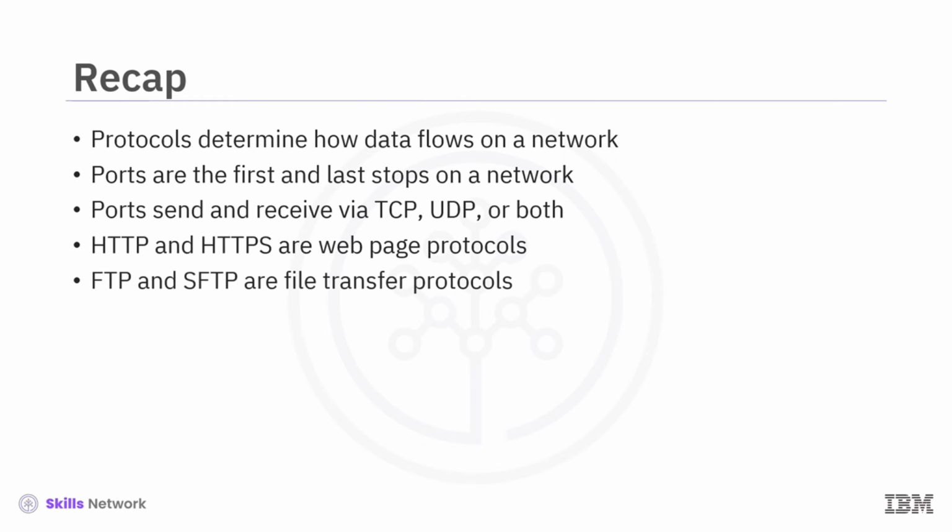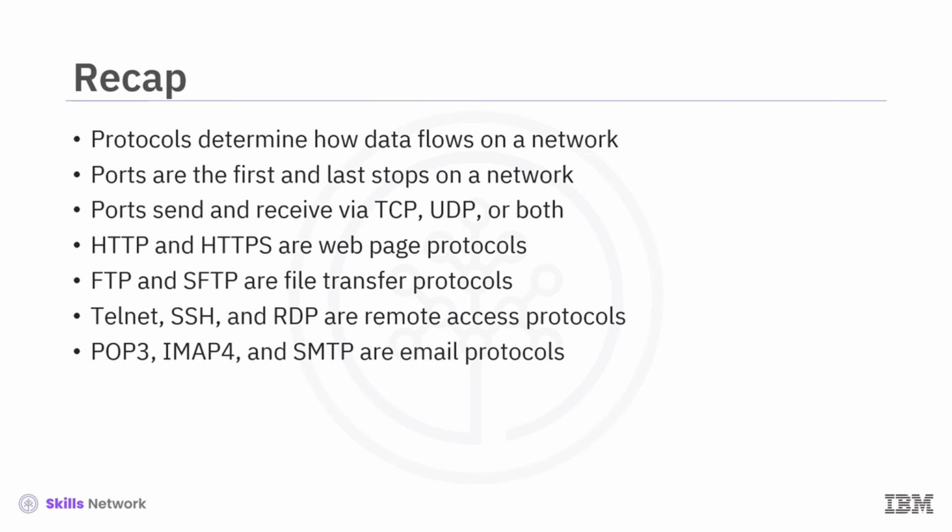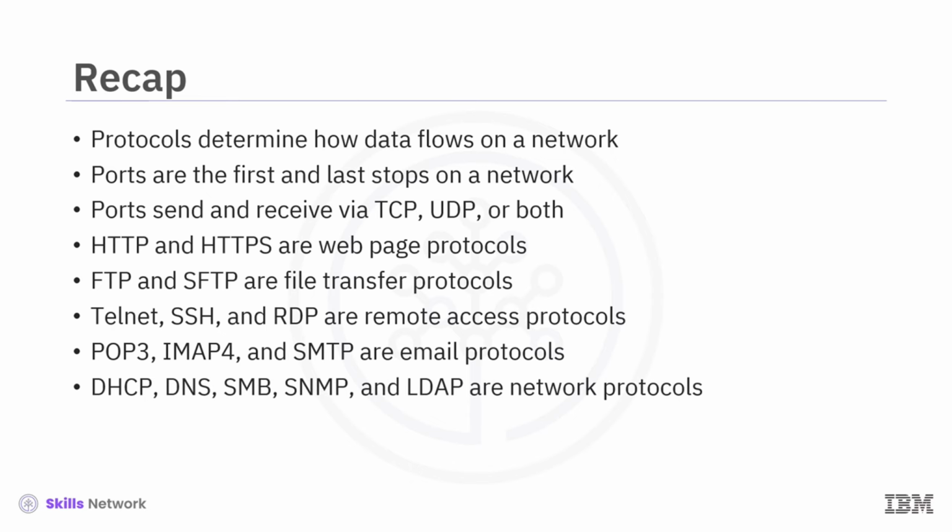FTP and SFTP are file transfer protocols. Telnet, SSH, and RDP are remote access protocols. POP3, IMAP4, and SMTP are email protocols. And DHCP, DNS, SMB, SNMP, and LDAP are network protocols.